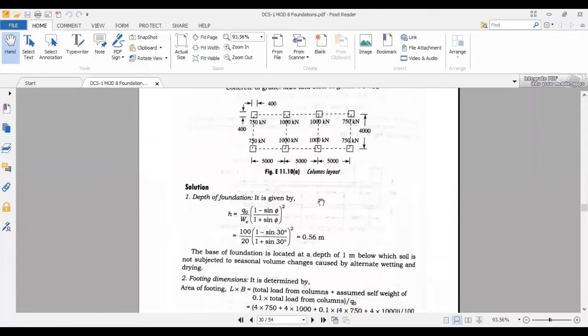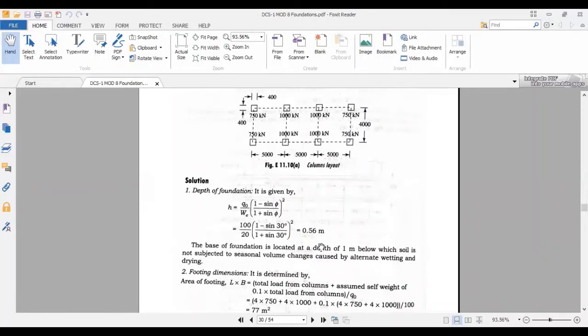So first is to calculate depth of foundation, and it is given by this formula: Q0 upon W, that is 20, multiplied by (1 minus sine 30 degree upon 1 plus sine 30 degree) whole square, and the value comes out to be 0.56 meter. So on the safer side, we'll consider it 1 meter.